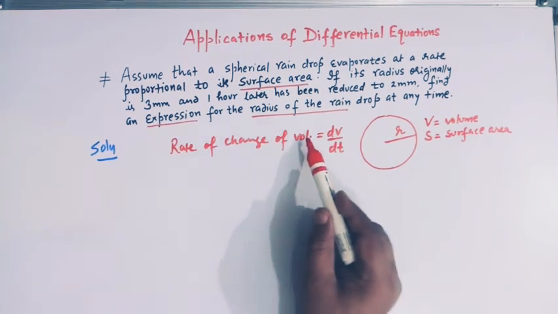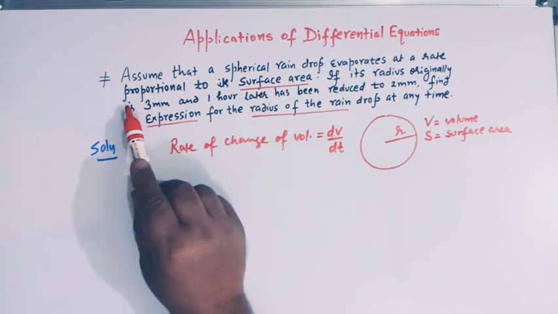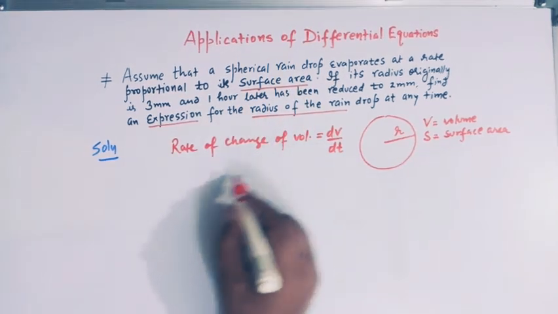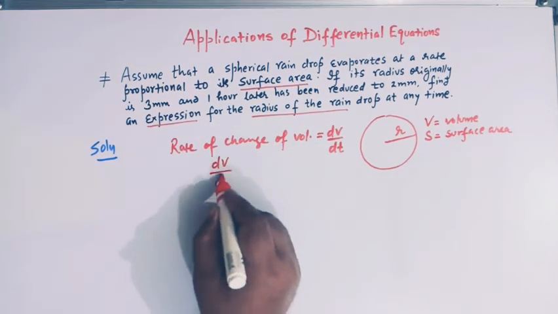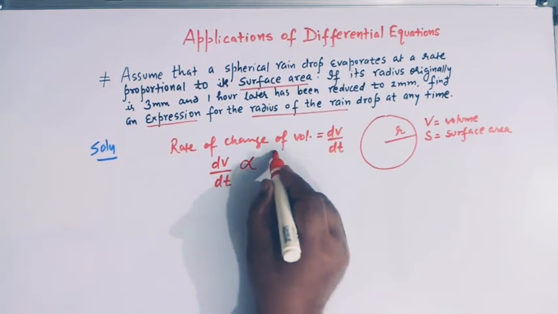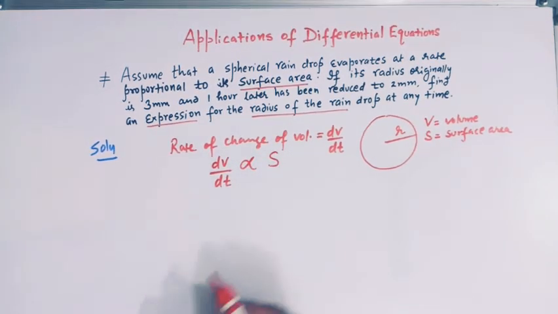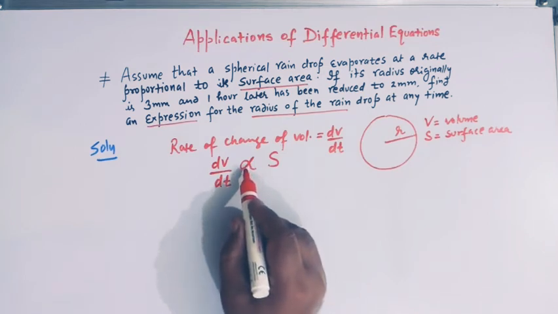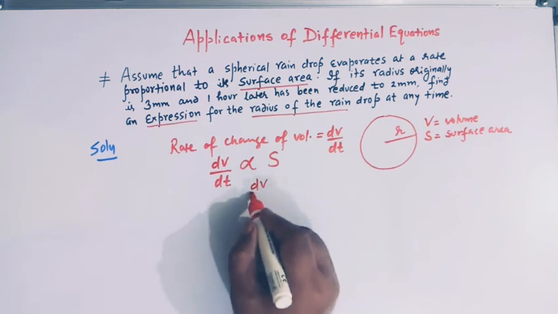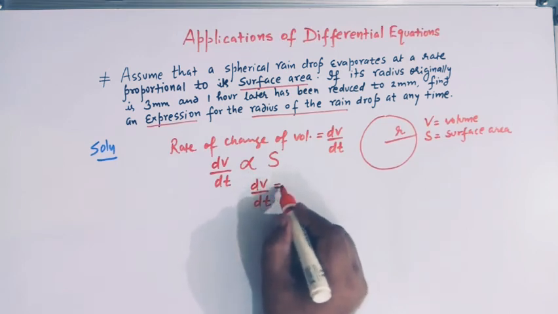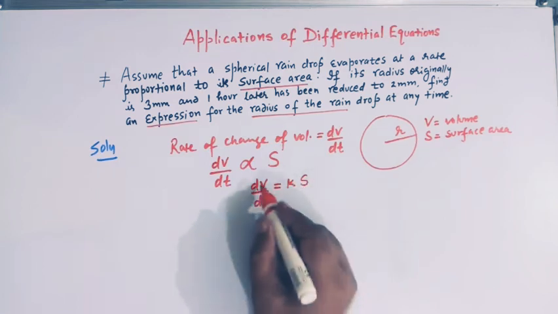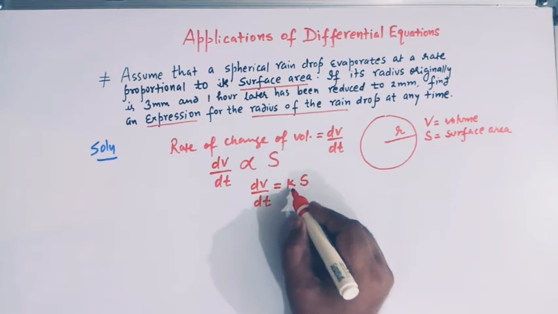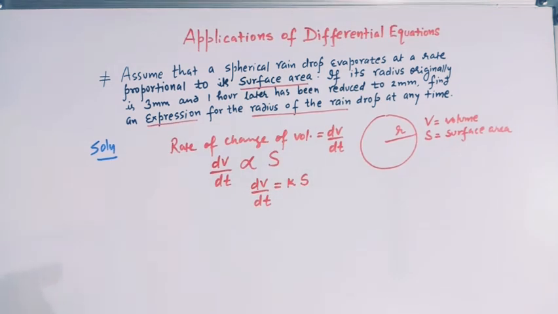The rate of change of volume is given to be proportional to its surface area. So dv over dt is proportional to surface area. If we remove the proportionality sign, we introduce a constant k, so dv over dt is equal to ks, where k is the proportionality constant.